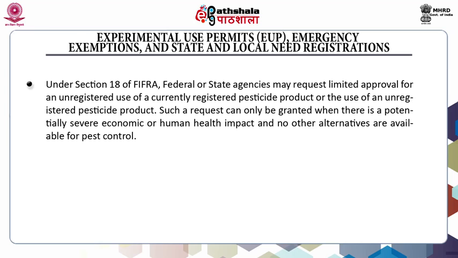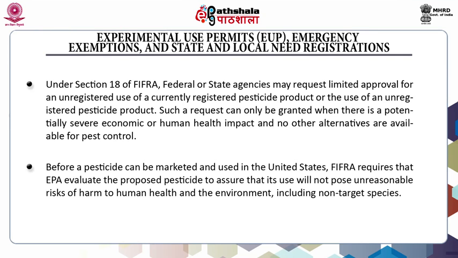Under section 18 of FIFRA, federal or state agencies may request limited approval for an unregistered use of a currently registered pesticide product, or the use of an unregistered pesticide product. Such a request can only be granted when there is a potentially severe economic or human health impact and no other alternatives are available for pest control.